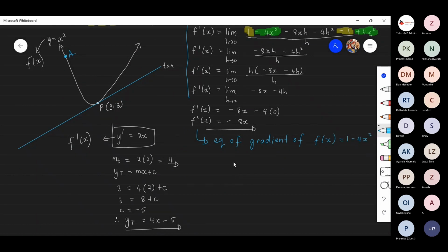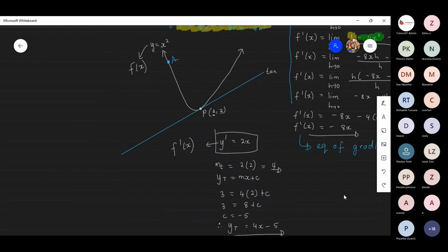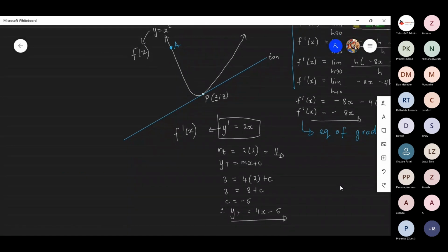So this negative 8x is the equation to find the gradient at any point on f, or to find the equation of the gradient, or to find the gradient of the tangent at any point on f. OK, so that is why I didn't go back and repeat the process of finding a derivative.